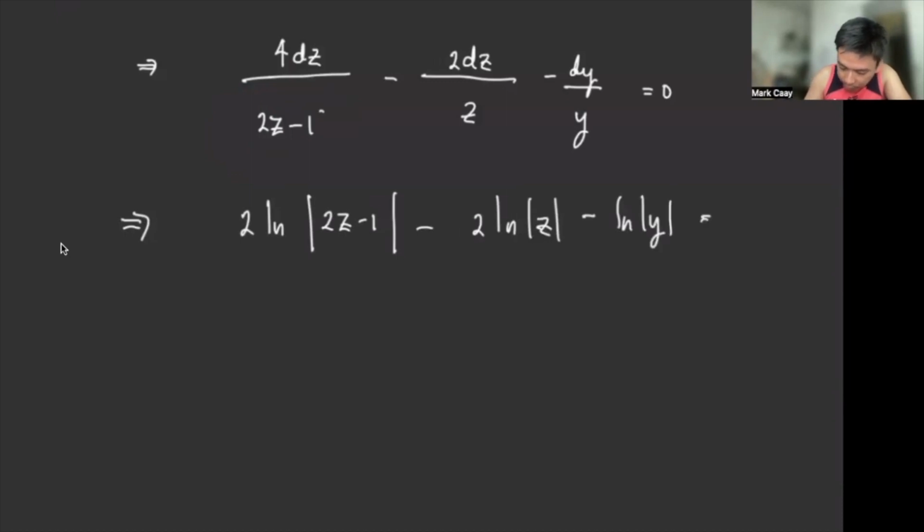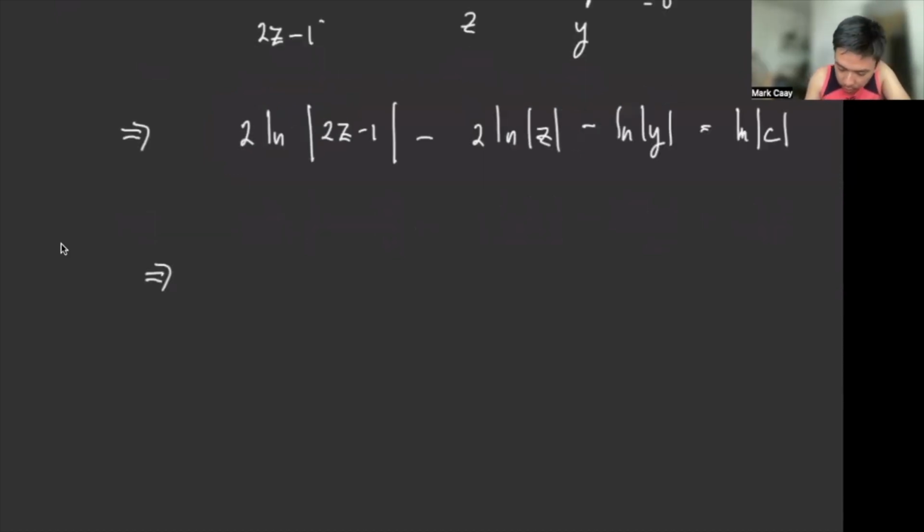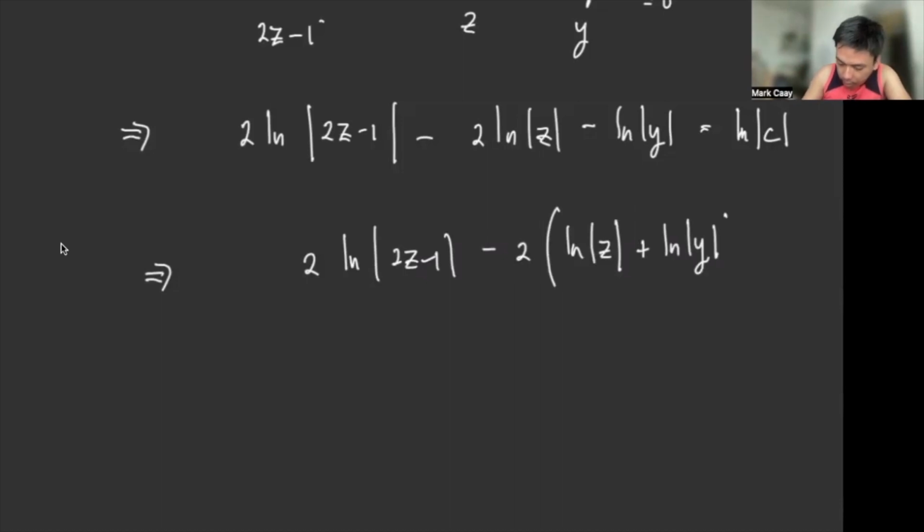And so, since uniform sila ln, gawin ko na lang ang constant ln. Yan. So, this is 2 ln of 2z minus 1, minus 2 times ln of z, plus ln of y, equals ln of c.